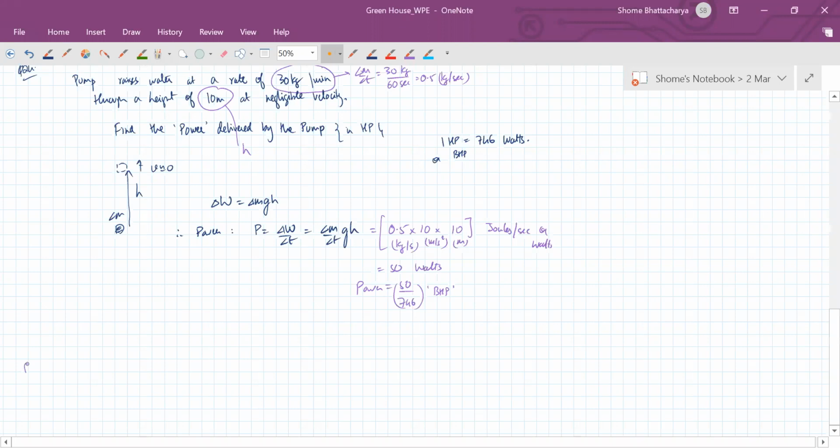Just note down this question. Next, we will do question number 31. So horsepower or British horsepower, that's one and the same thing. 1 horsepower is equivalent to 746 joules per second.